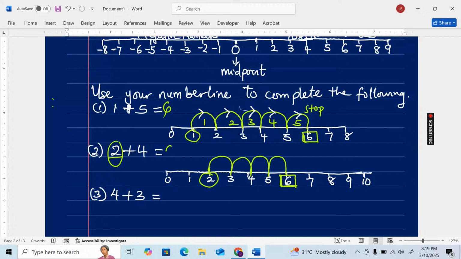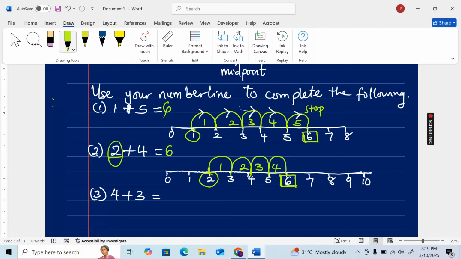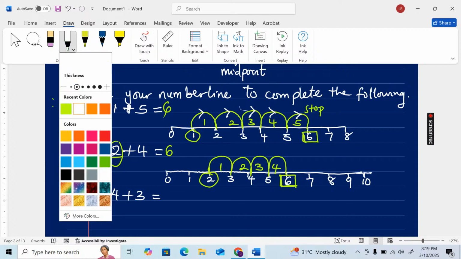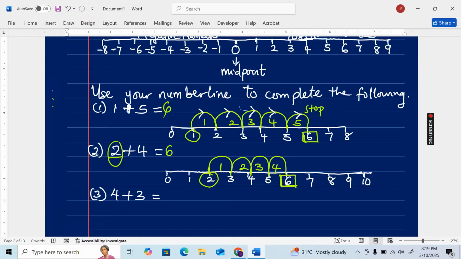Then I need to write the answer as 6. One more thing I need to do is show that I counted 4 steps by writing 1, 2, 3, 4. Then I also need to show arrows that I counted to the right. The arrows need to face the right, okay?